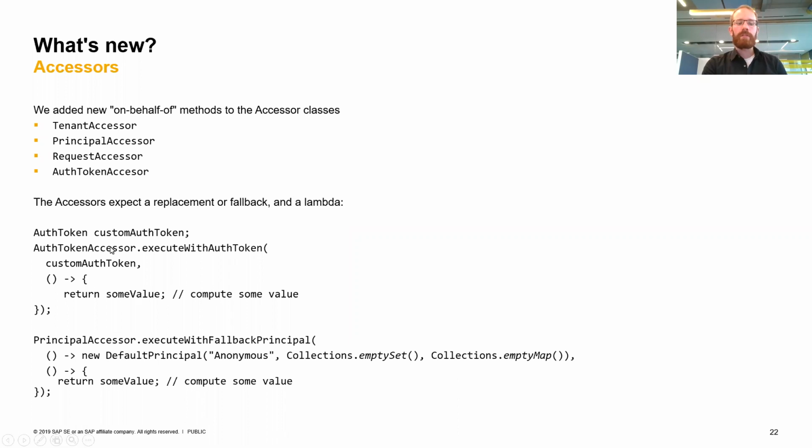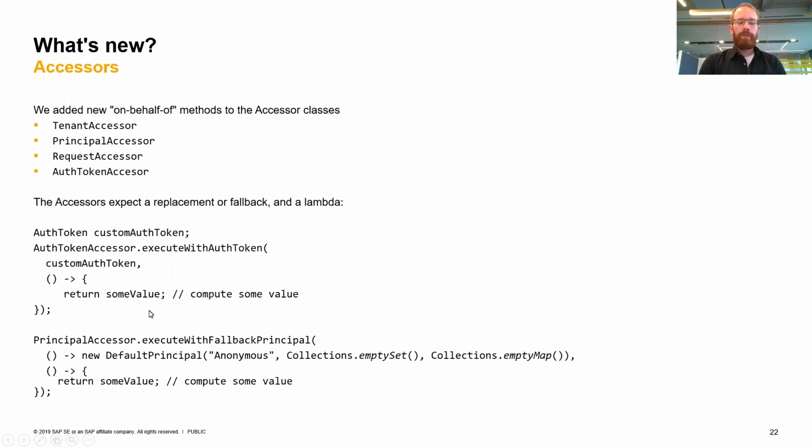So you have your auth token accessor, and call execute with auth token on that. Then you just say, okay, never mind what I just had, I want to use the following auth token, and the block afterwards, so the supplier that you have here, will then be executed with this auth token in mind. So in the end, that's a really convenient wrapping mechanism, which is also there for the tenants, principal, and request.